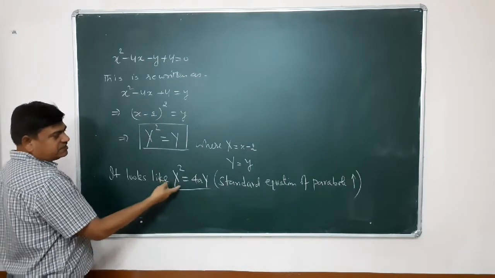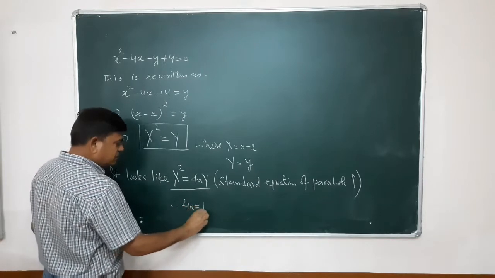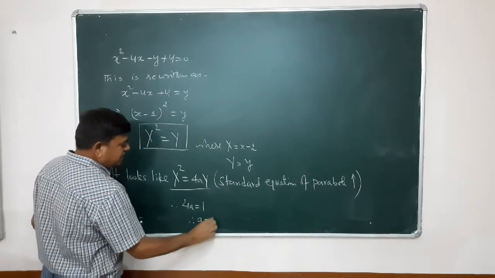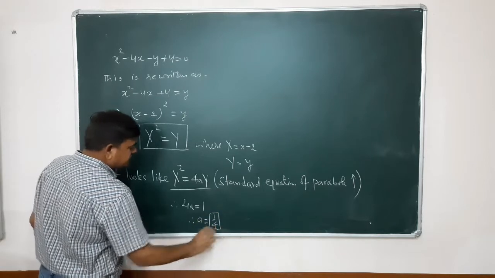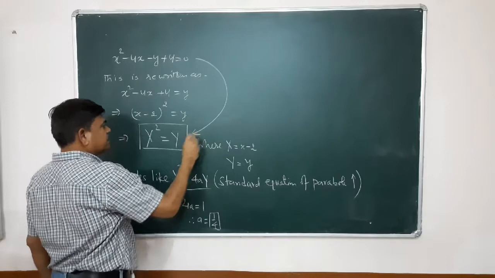So if we compare this equation with this, then we find 4a equals 1, so a equals 1. Now this equation is reduced into this particular form.